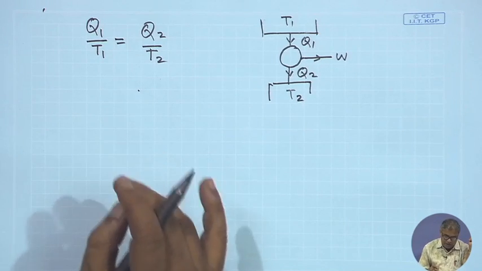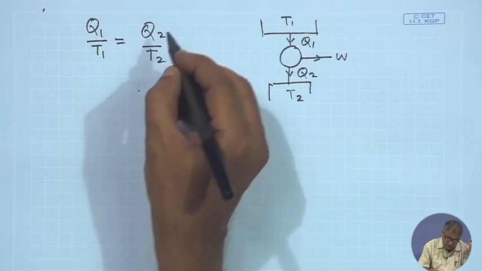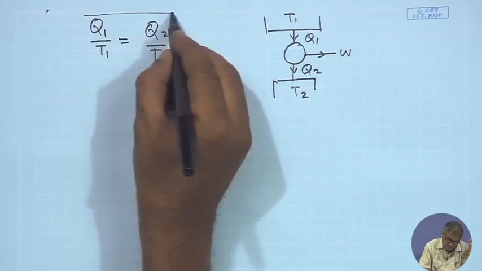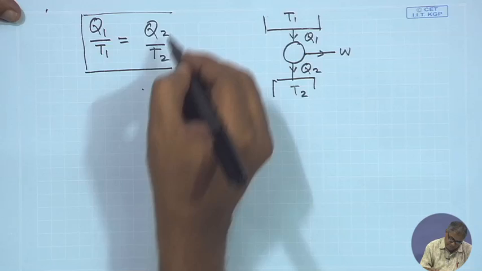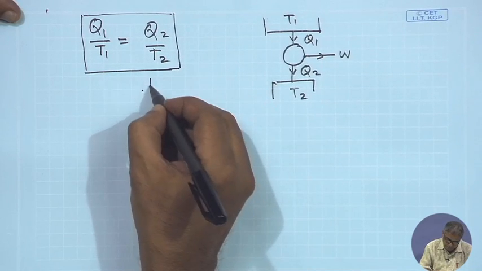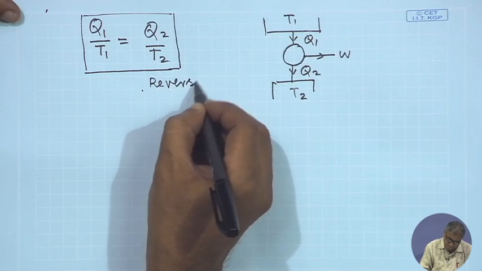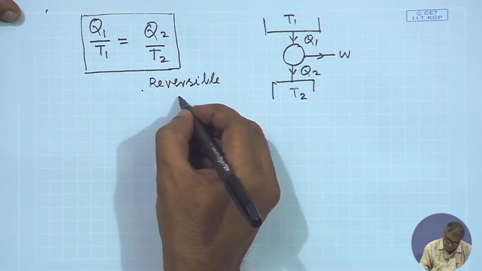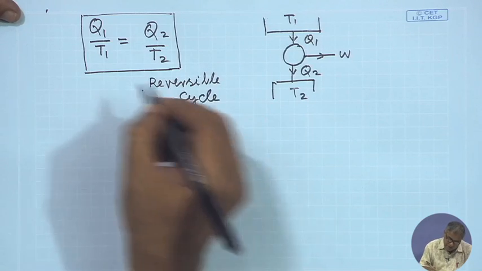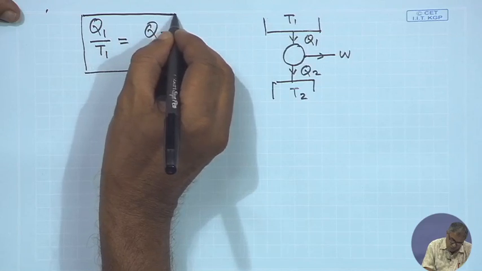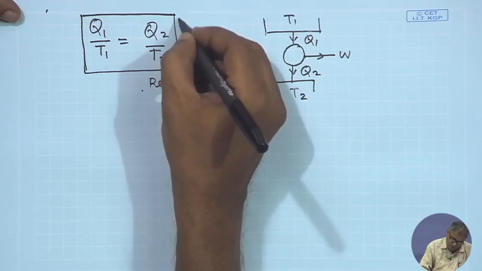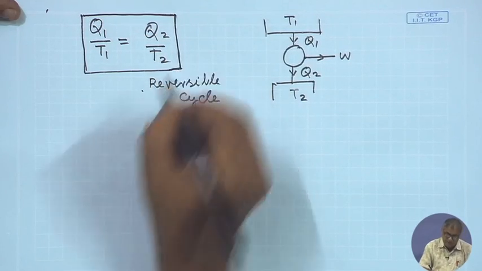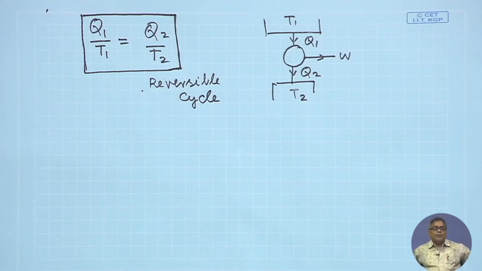Now, the only thing is that we have to qualify this, because this is for a reversible cycle. So, this is also another principle given by Carnot, which is utilized for deriving the efficiency or the COP of the Carnot cycle, and is very useful when we try to see how the energy transfer is taking place.